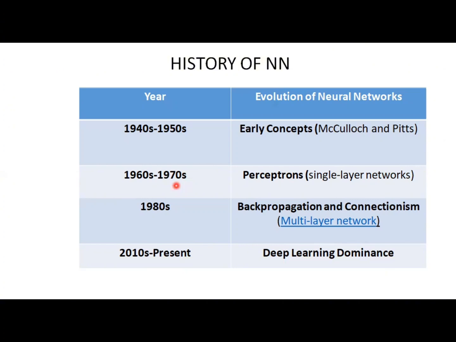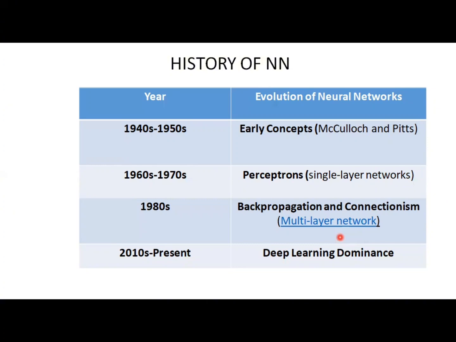After that, in the 1980s, it evolved as multi-layer neural network. It is also called back propagation neural networks. From 2010 to present days, it is evolving day by day. Now it is called the deep learning domain. So it started in the 1940s, and till then it has been evolving day by day.